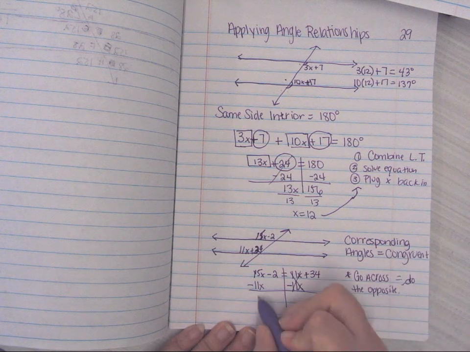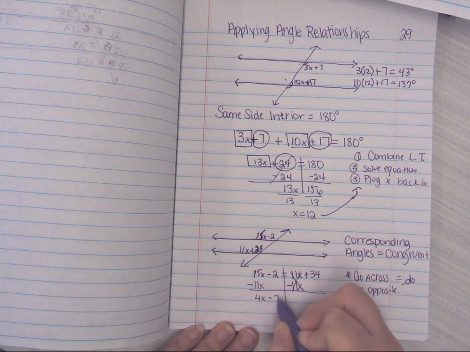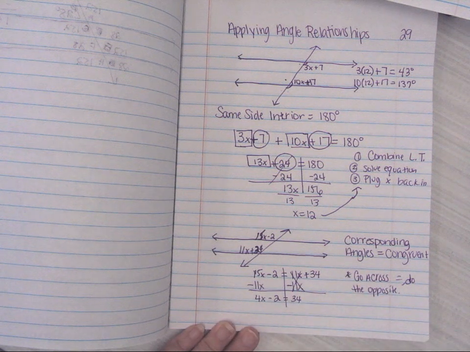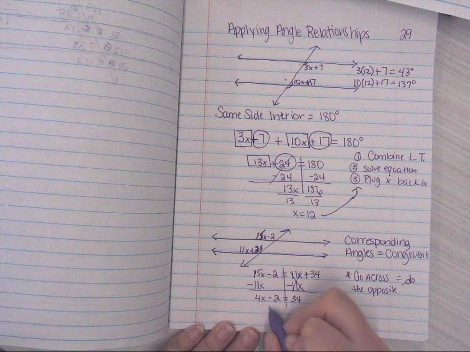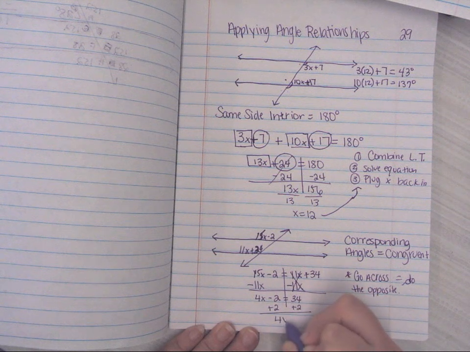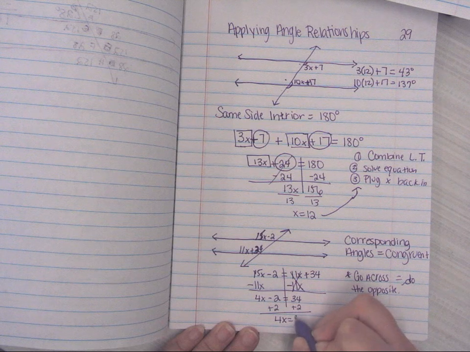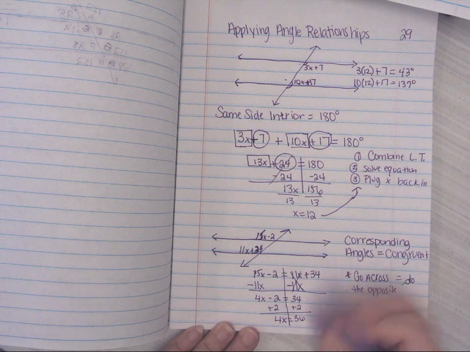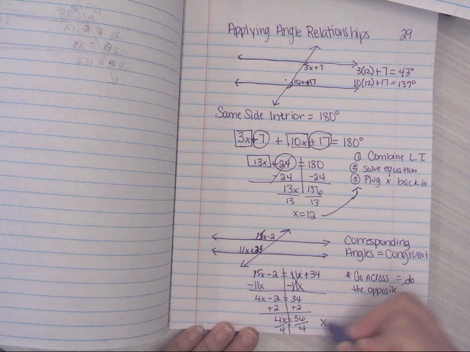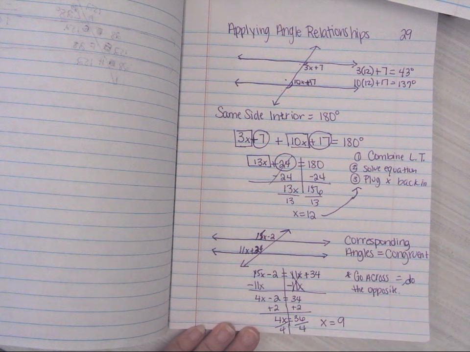That goes away, and I have 4x minus 2 is equal to 34. I add 2, and I get 4x is equal to 36. Divide by 4, and x is equal to 9.